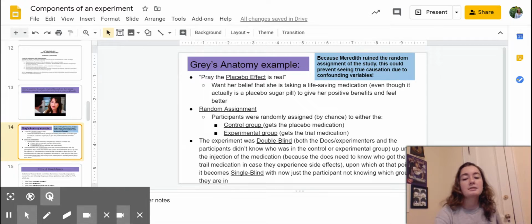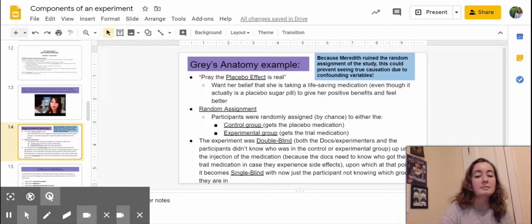But it remains double blind up until the point when they inject them in the surgery with that medication, because they open the envelope and they have to see. The doctors then have to know who has the drug, who's in the control and who's in the experimental group, in case someone that was receiving the drug treatment had an adverse reaction to it.